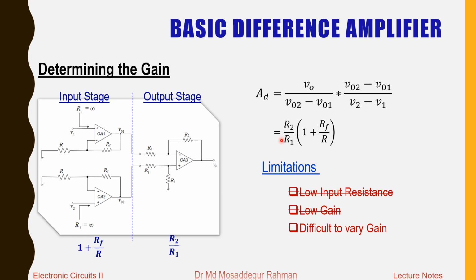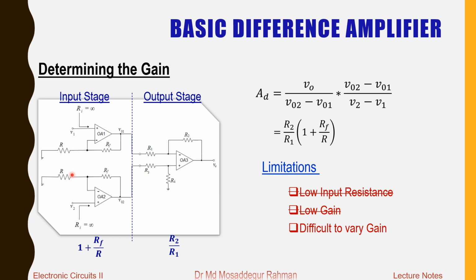So you see that it's not possible to vary the gain easily with the difference amplifier part, for either R1 and R2, there are two of those. And for the gain stage, you vary either R or RF, and we have two R's and two RFs.